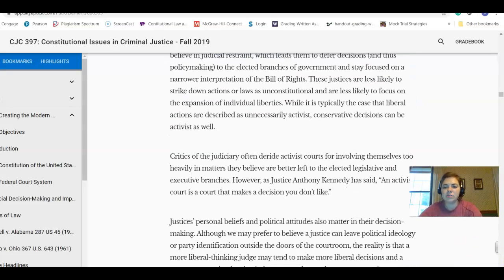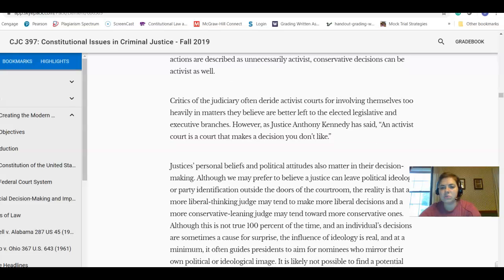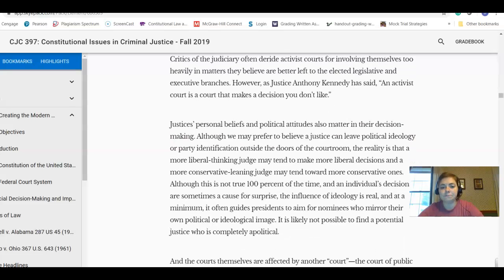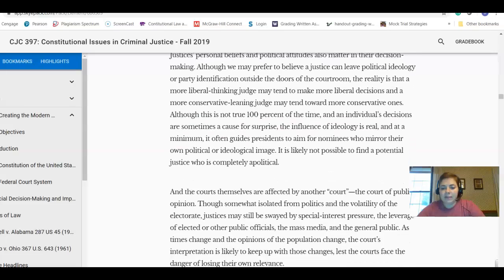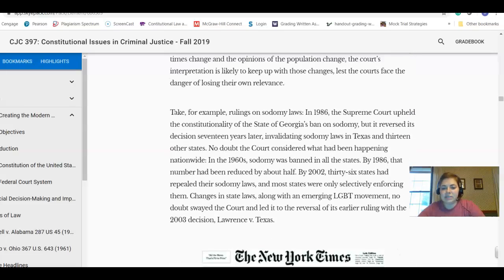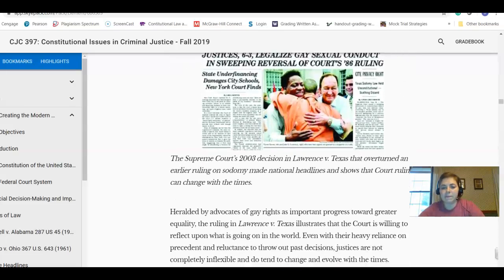Okay, so those are two main schools of thought. Most justices belong to one or the other, where they tend to either defer to the states and federal government, or where they think that the role of the court is to advocate for and protect individual liberties. There are numerous examples of how this works.